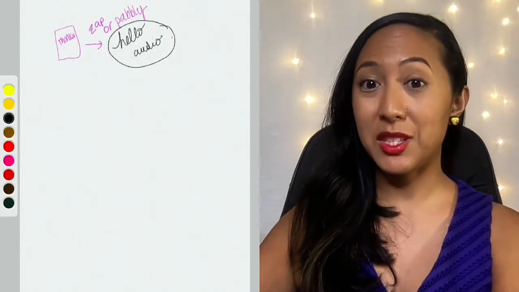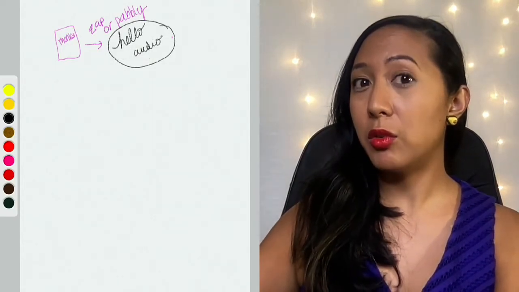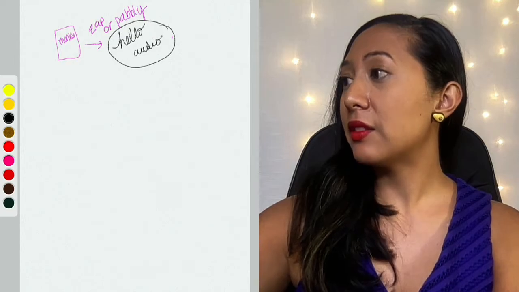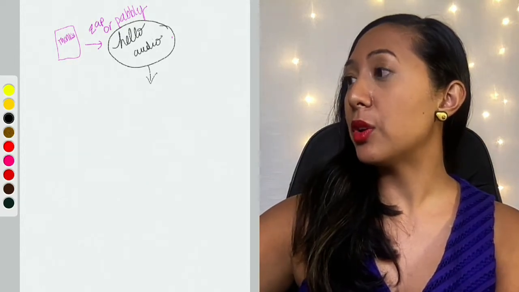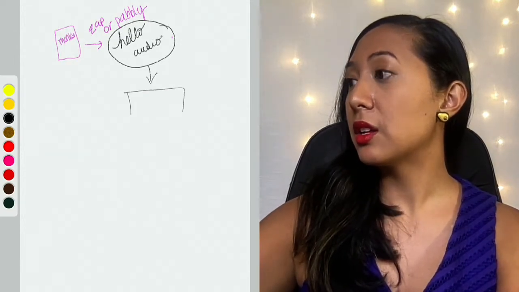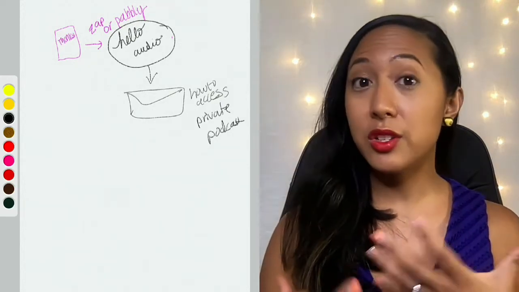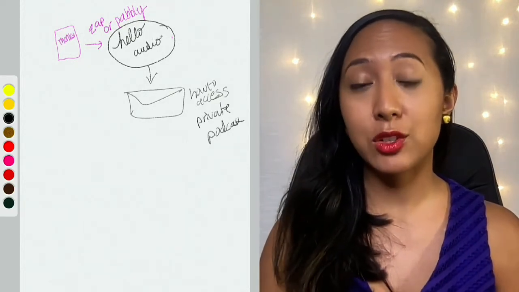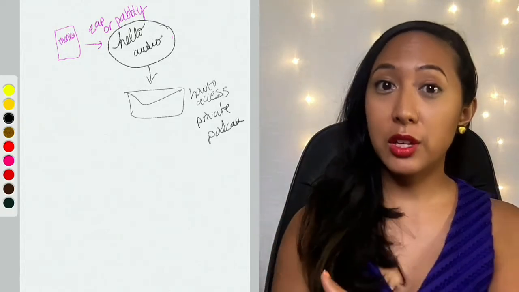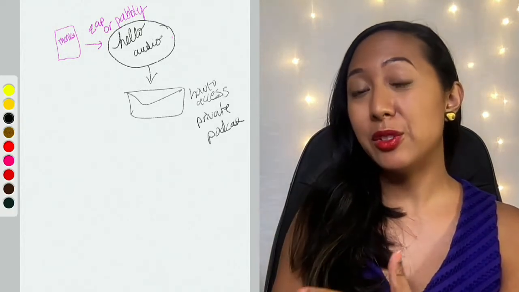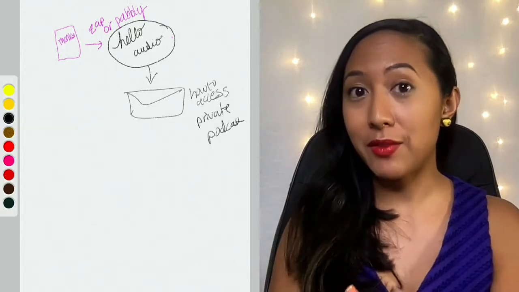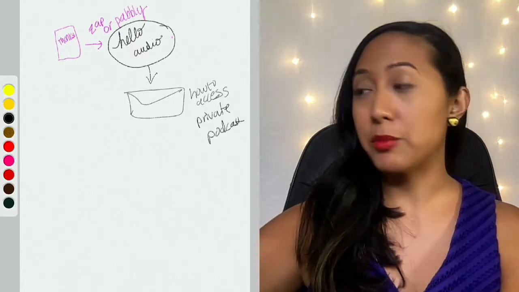This tool is a specific private audio course platform, and inside of this, we now want to add people to our email sequence. Now, this is just one tool. You could use different types of private podcast tools, but if you are looking for something that will allow you to disenroll somebody from the private podcast, this might be a good option for you.